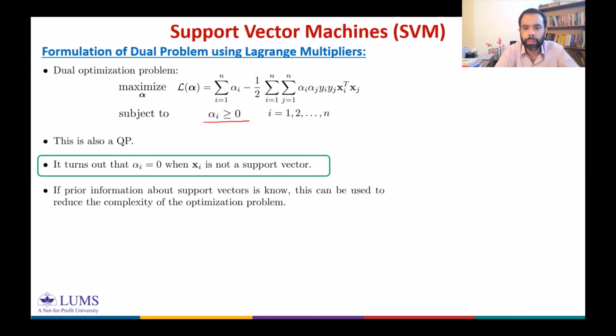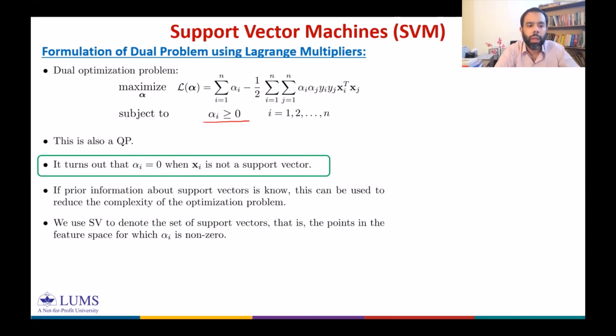I'm going to define the notation SV, a set of support vectors, the points in the feature space for which the associated Lagrange multiplier is non-zero. Because we know that only for support vectors, alpha i is non-zero. For points that are not support vectors, alpha i is equal to 0.